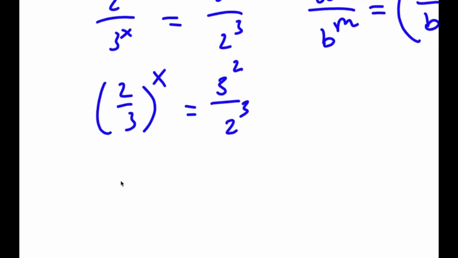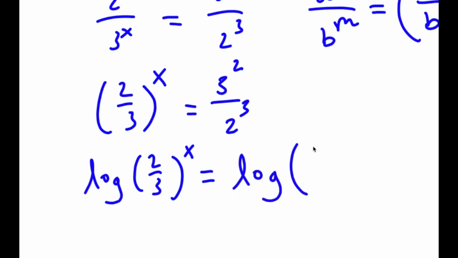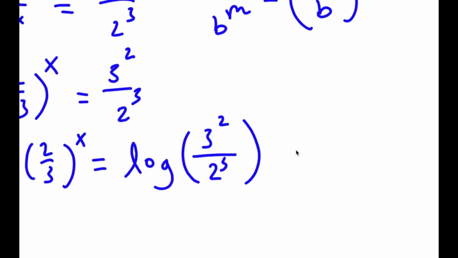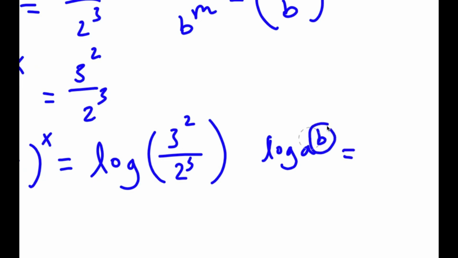So now what I'm going to do is take the log on both sides. So now I have log 2 over 3 to the power of x is equal to log 3 squared over 2 to the power of 3. And if I have something in the form log a to the power of b, I can actually move this exponent b to the front of the logarithm.